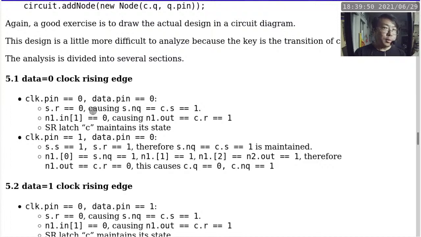But you should be able to read the module and follow the reasoning of how the changes propagate throughout the components of an edge-sensitive D flip-flop. Alrighty. Any questions?